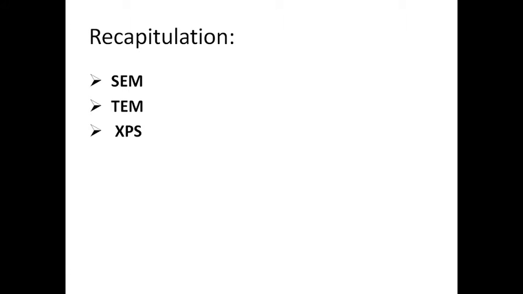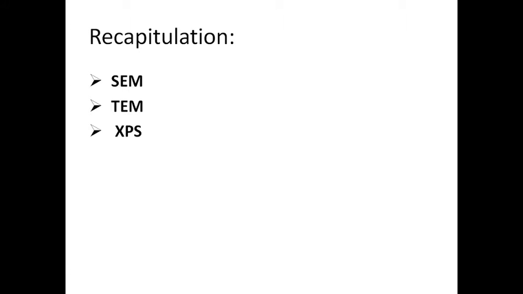Next is transmission electron microscopy, that is TEM. In TEM, the electron beam passes through a thin sample. Always remember, here the sample should be ultra thin. Specially prepared thin samples are supported on a TEM grid.